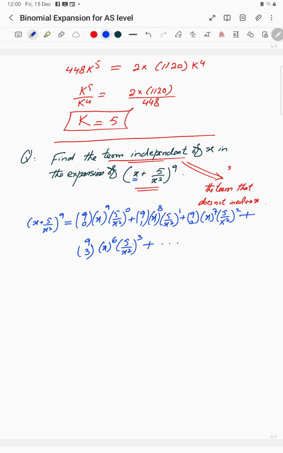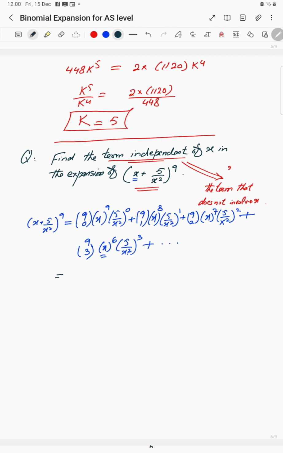I put "so on" because originally I saw that it's x⁶ in the denominator, that will be cancelled out and we don't have any x with it. So I can stop it, no need for me to expand it completely.